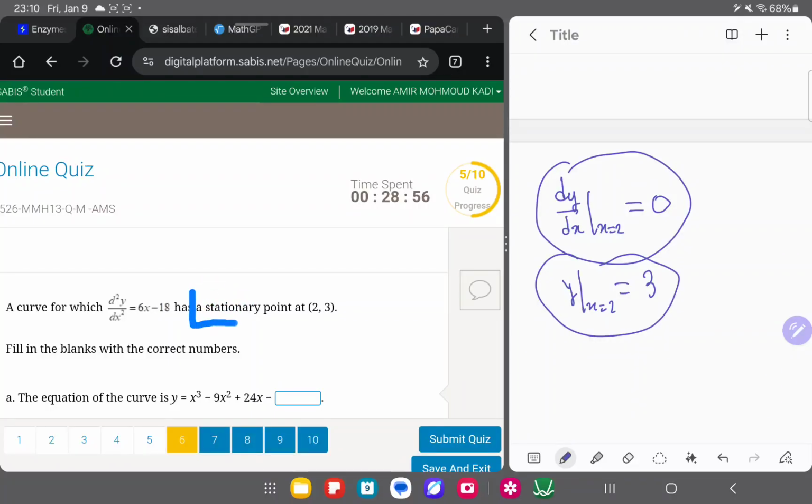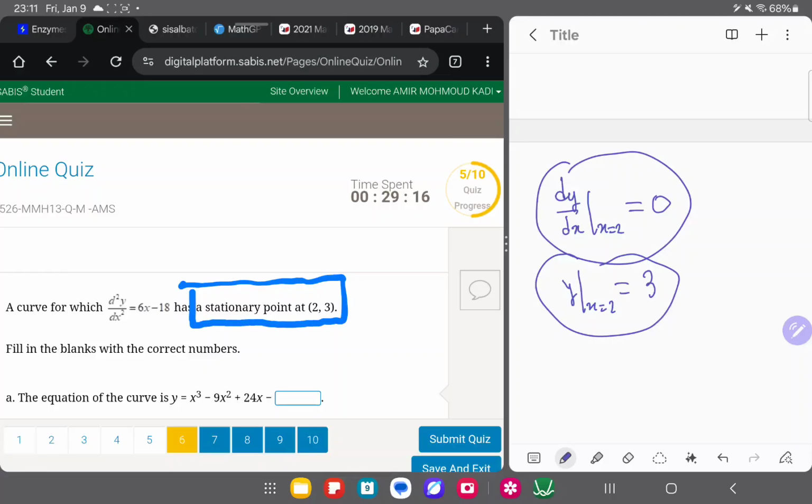This curve has a stationary point at (2, 3). The word stationary point is very important, because when they say stationary point, there are two things to point out. Number one, this point is on the graph. And second, the slope of the tangent at that point on the graph is 0.